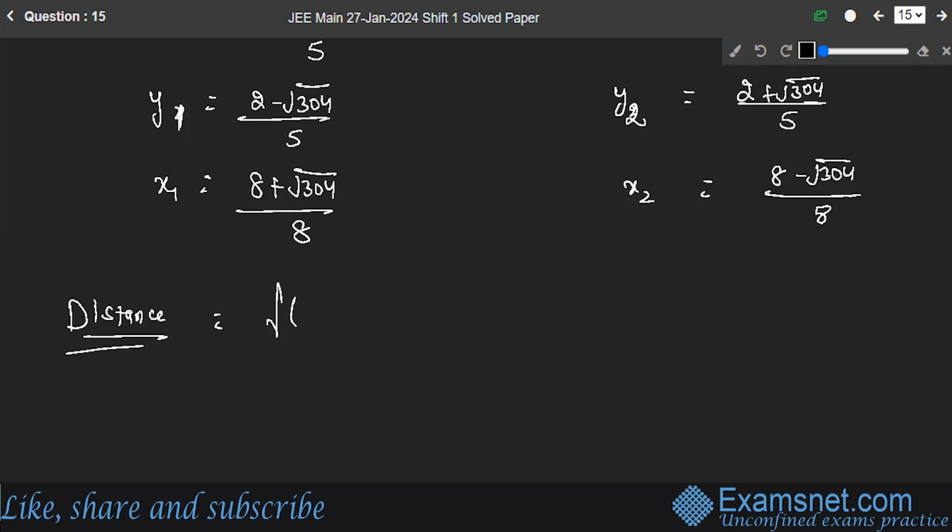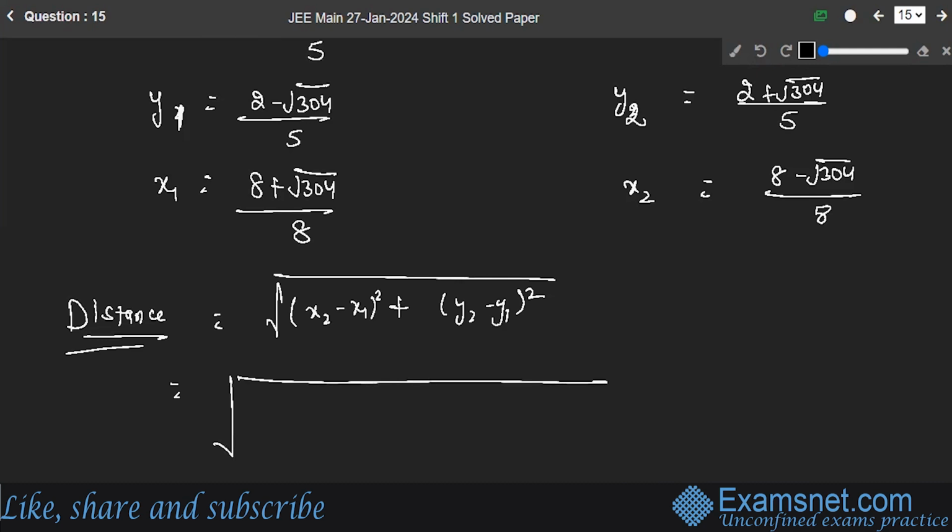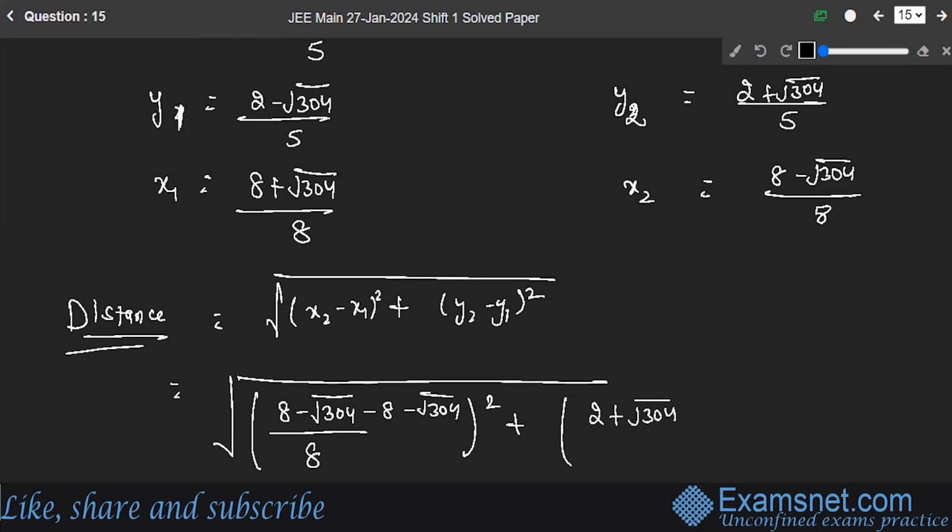Okay. Distance is given by root of (x2 minus x1) square plus (y2 minus y1) square, whole under the root. So this is given by root of x2 minus x1. When I'm subtracting both of them, it will be 8 minus root 304 minus 8 minus root 304, whole square, plus y2 is 2 plus root 304 minus 2 minus root 304, whole divided by 5, whole square.